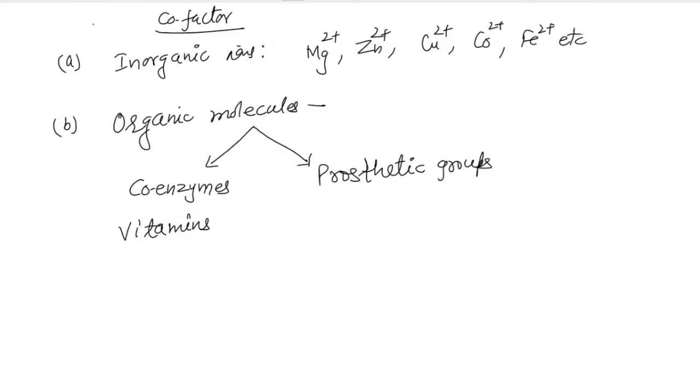They are loosely held to proteins and can be easily separated by dialysis. Prosthetic groups are derived from vitamins like biotin, but they are tightly held to the protein molecules by covalent bonds.